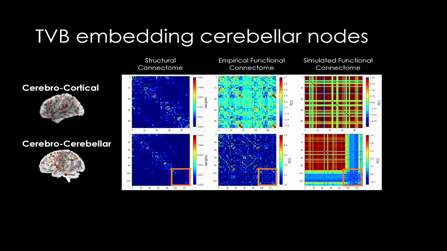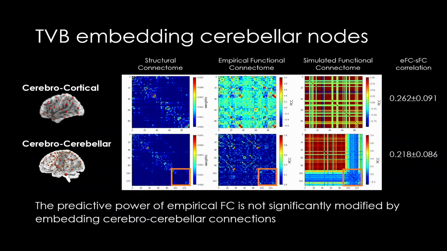Here is what happened when we also added the cerebellar connections, and in the orange square you can see the result of adding cerebellar connectivity.